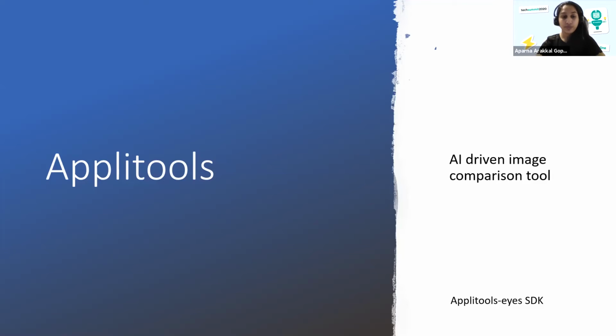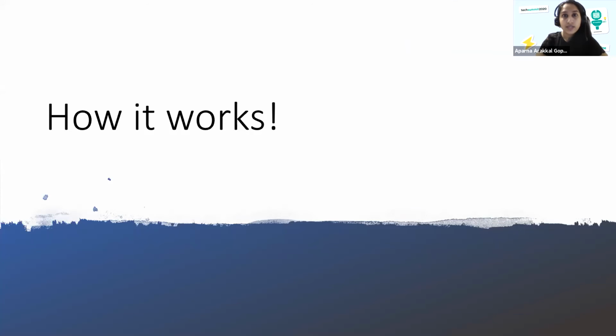Suppose you have just your PDFs or screenshots available, you can do that comparison with the jar file. So you don't really have to do programming or coding for that. So let's see how it works.